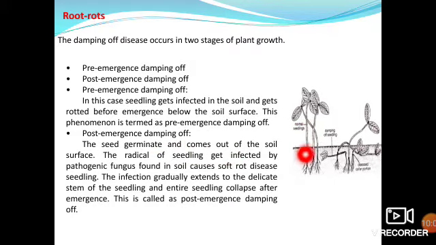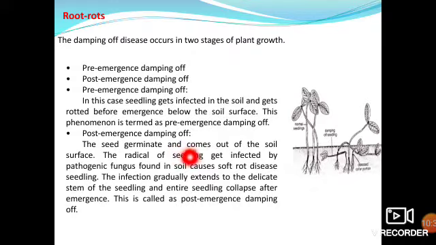Here in pre-emergence damping off, the seed after germination, before coming out of the soil, is present in the soil, and inside the soil the damping off or root rot occurs. The next type of symptom is post-emergence damping off.